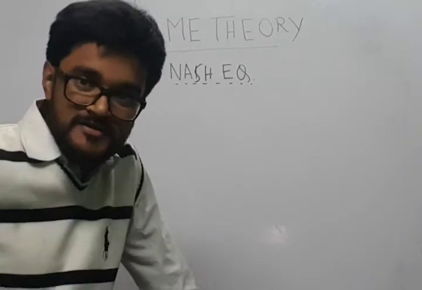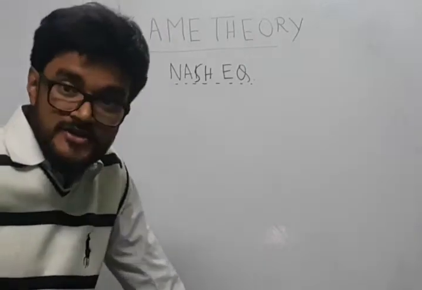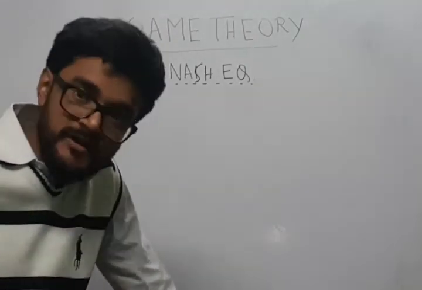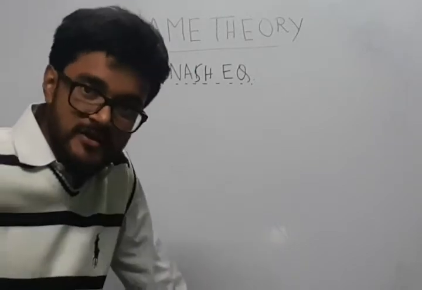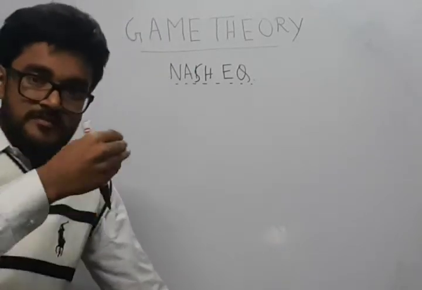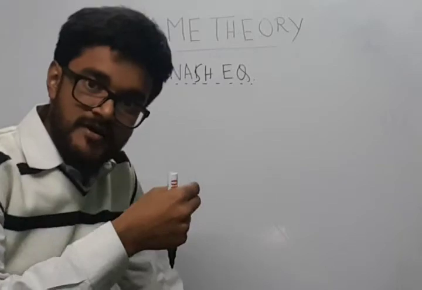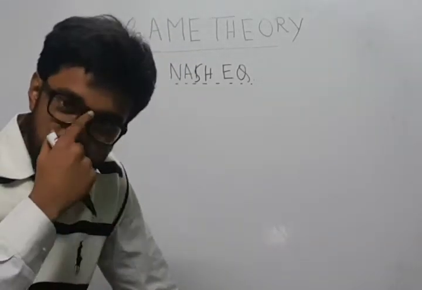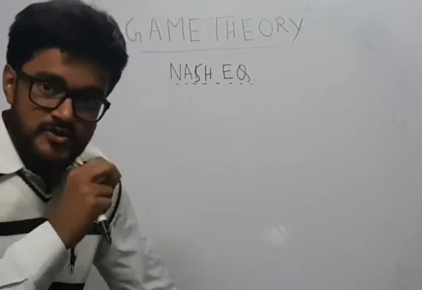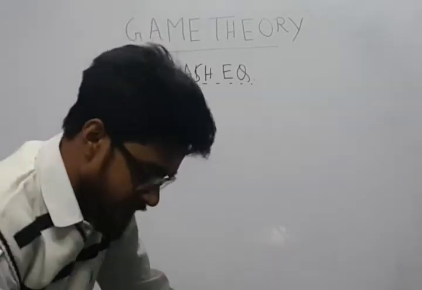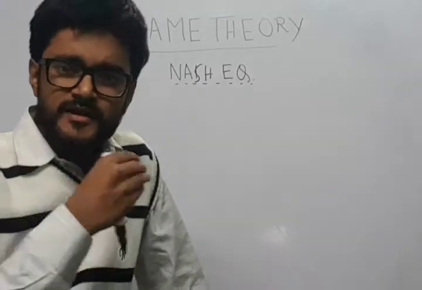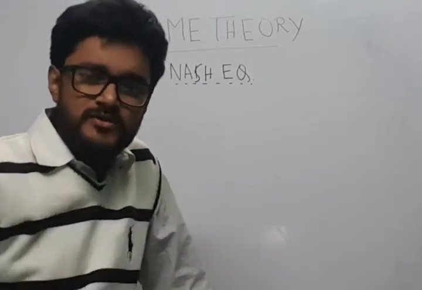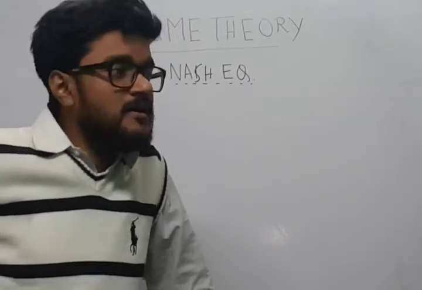Nash equilibrium is a strategy from where no player has incentive to deviate, given the other player's choice. For example, say there are no government policies or no police in the city.